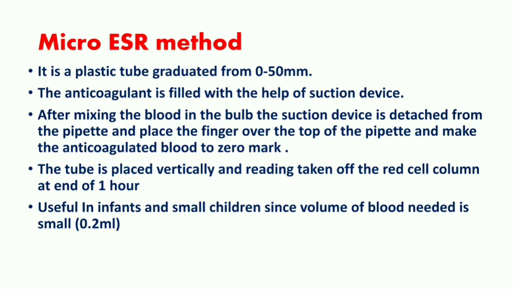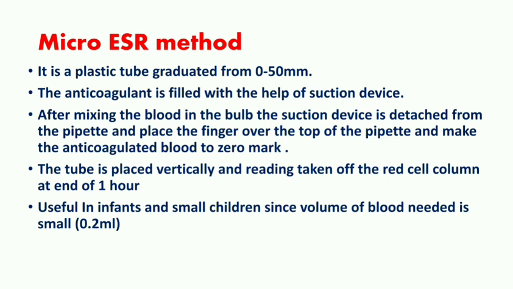Next we have the micro ESR method. It is a plastic tube graduated from 0 to 50 mm. The anticoagulant is filled with the help of a suction device. After mixing the blood in the bulb, the suction device is detached from the pipette and the finger is placed over the top of the pipette and the anticoagulated blood is brought to the 0 mark.